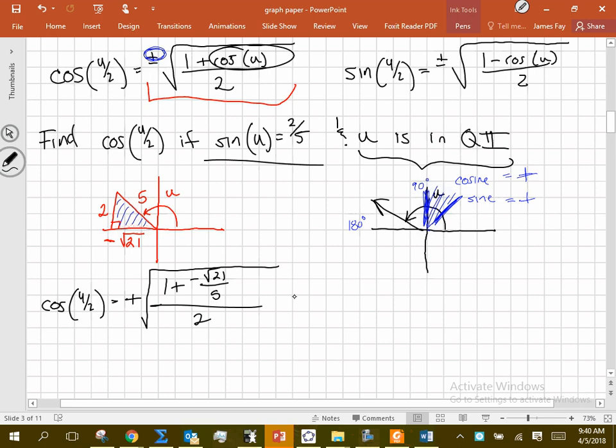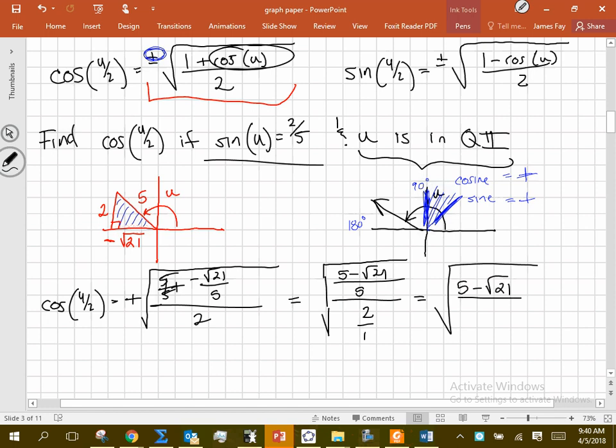Now, it's not really in the most preferred format. We would like to condense this. Is this 1 the same as 5 over 5? So we would have 5 minus root 21 all over 5, all over 2. I don't like to leave that ugly. So I'd rewrite this as 5 minus root 21 over, multiply by that reciprocal, right?